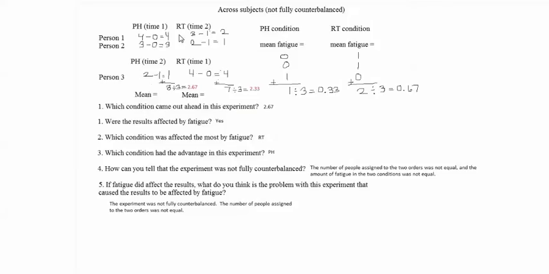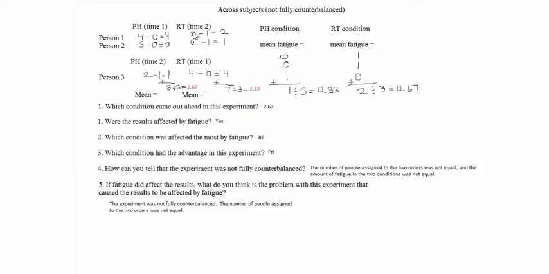So what questions did I ask you in here? Well, I told you to make up some taste ratings for Pizza Hut and Round Table, and to fill them in here. So I made up 4, 3, 2, 3, 2, 4 as my ratings. And I told you to subtract 1 from all of the ratings at time 2, which are here, here, and here, because we're saying that at time 2 people are starting to get fatigued, so their rating drops by 1.